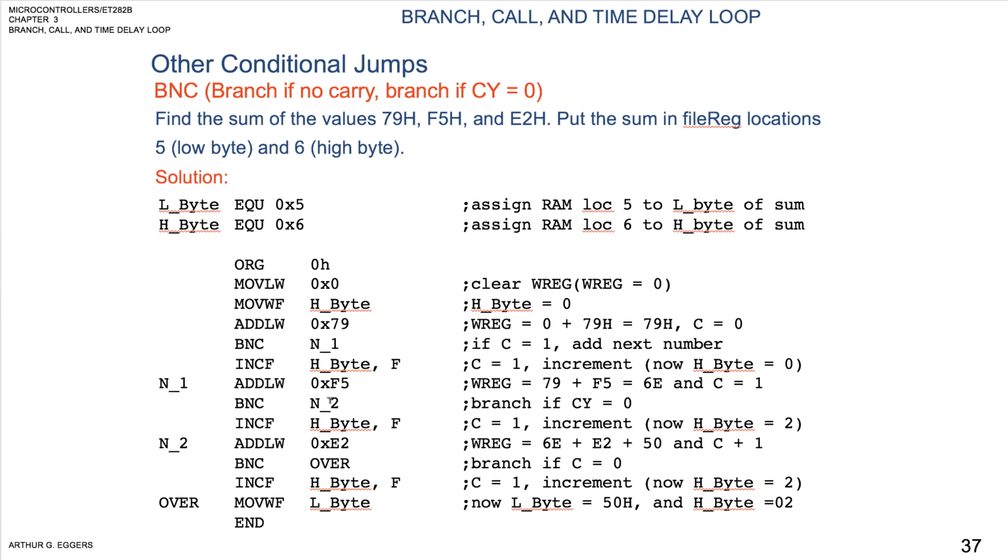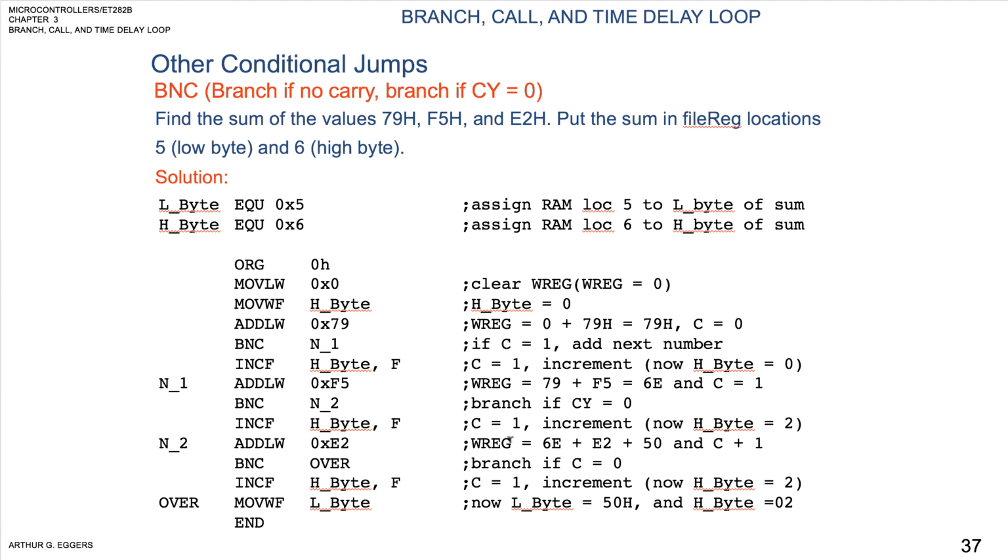So there's our jump if we need to, branch if C equals 0. And then increment the high byte with C equal to 1, increment, now the high byte equals 2. So it's adding up.